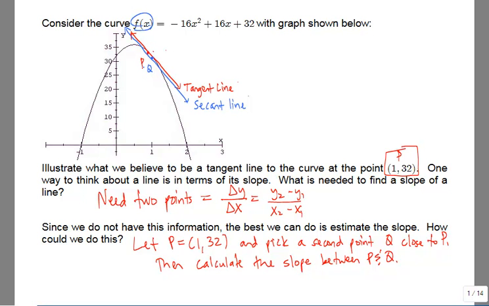So this point P we know is on our function, (1, 32), and the point Q that I pick is also going to lie on this function. And once I know the coordinates of point Q, then I can do my change in y over my change in x and get a slope. Now that won't be the exact tangent line slope, it'll just be an approximation. And ideally, the closer that point Q is to P, the closer that approximation will be. So that's what we're going to do next.